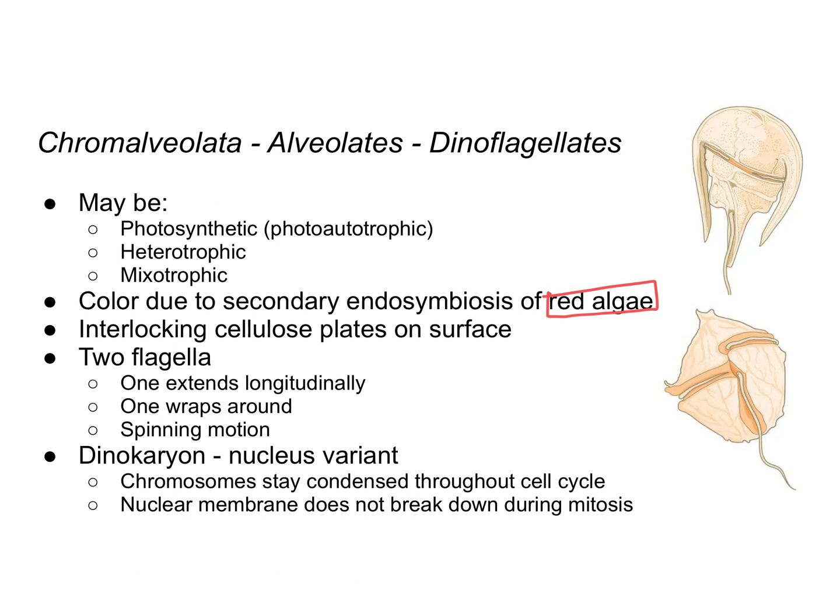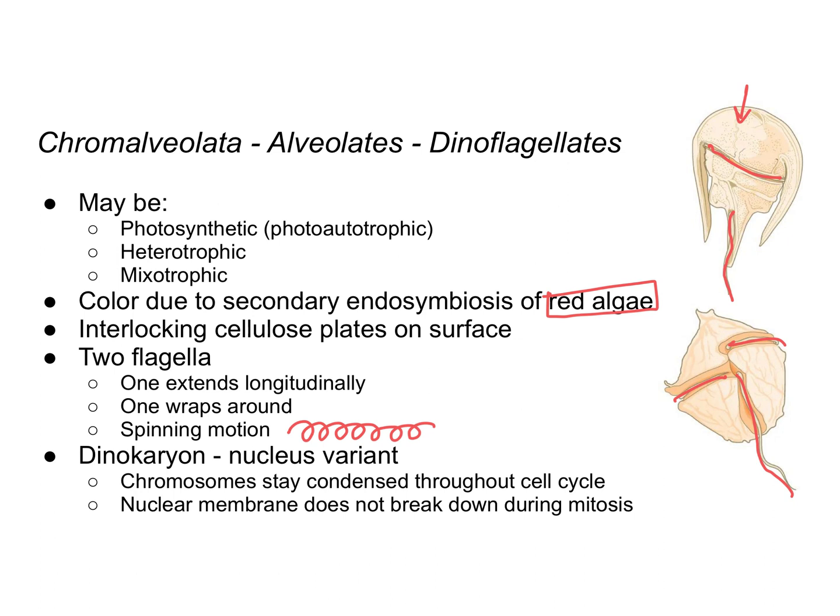These protists are classified by two interlocking cellulose plates on the surface, and you can see that here. They also have two flagella. One of them extends longitudinally from the body. The other one wraps around the cell itself, and this allows for a spinning motion to occur.